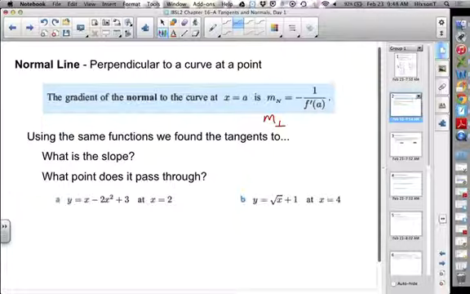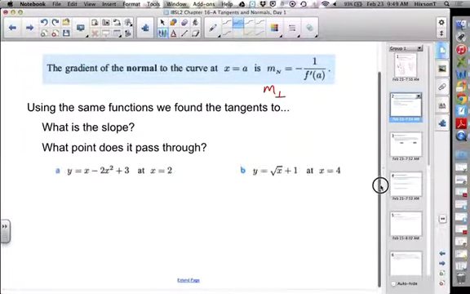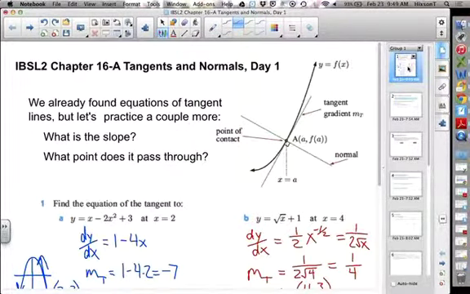But you see here the negative reciprocal: -1 over the slope of your tangent line, that f prime of a. Okay. So, these are the same functions we found the tangents to. And notice the point of contact is still going to be the same.